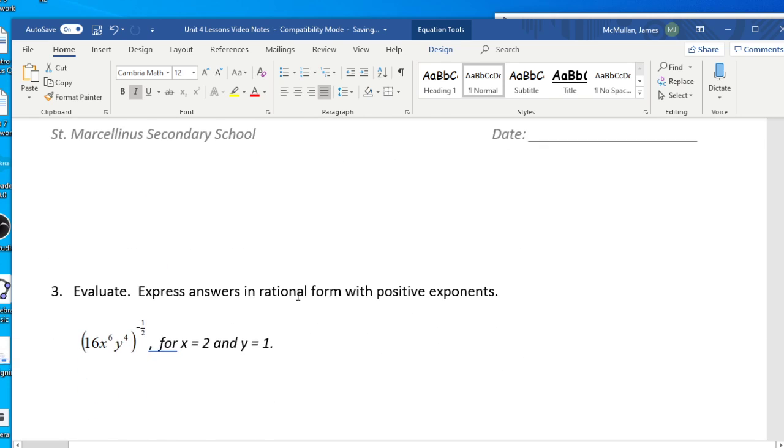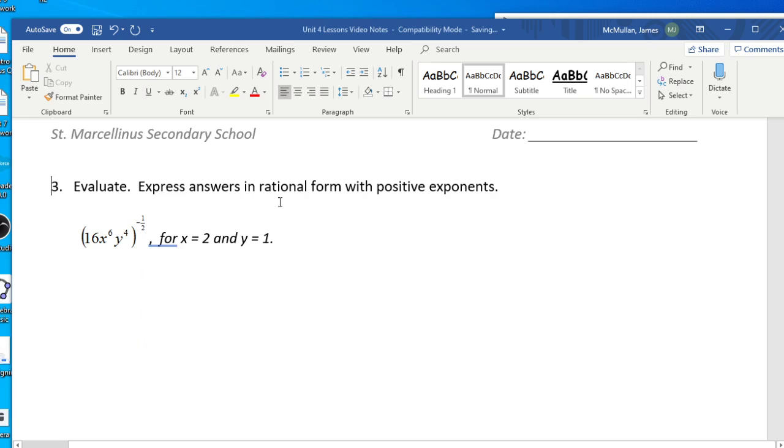Okay, all right, now what we need to do: express answers in rational form with positive exponents. So that means rational form is no decimals, and positive exponents means you've got to move all those negative exponents. Okay, so first of all, let's simplify this thing.